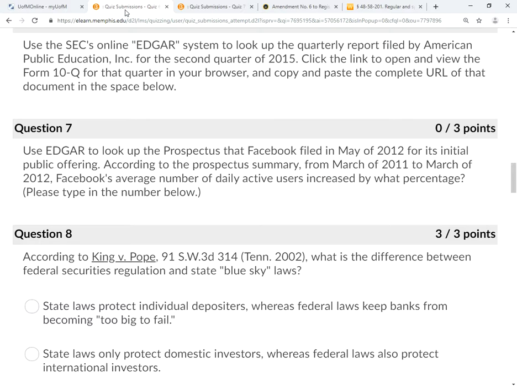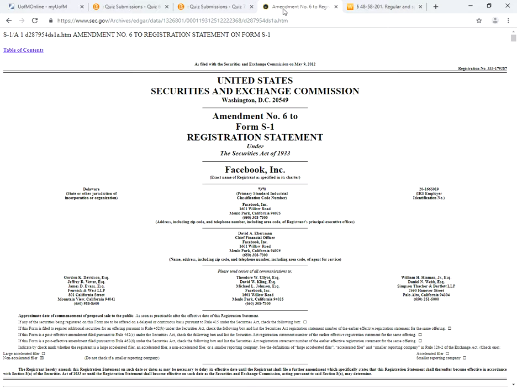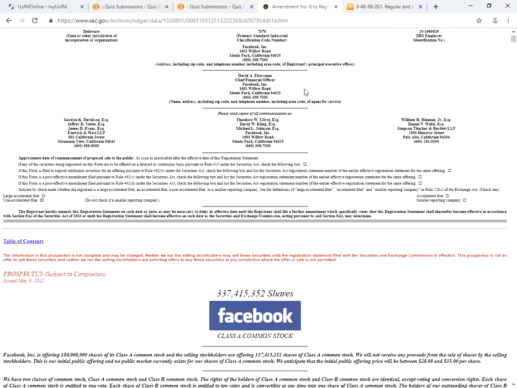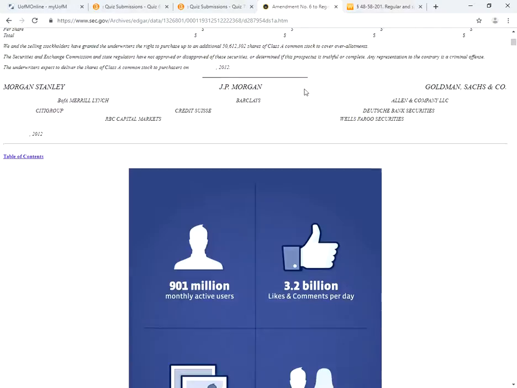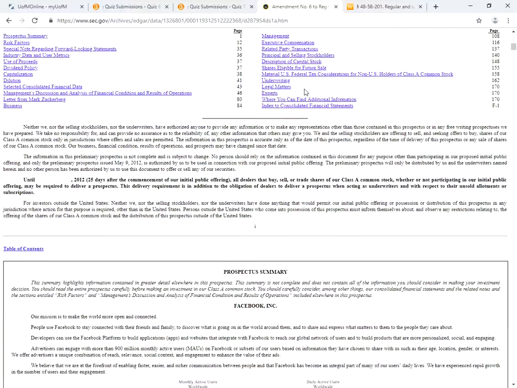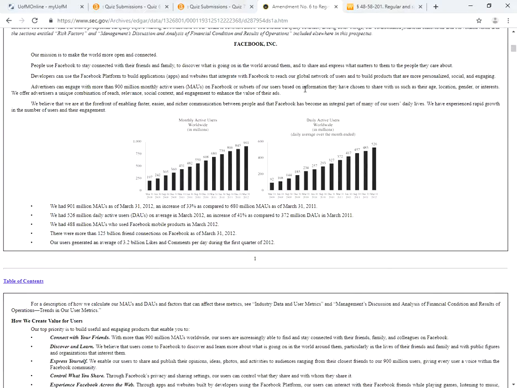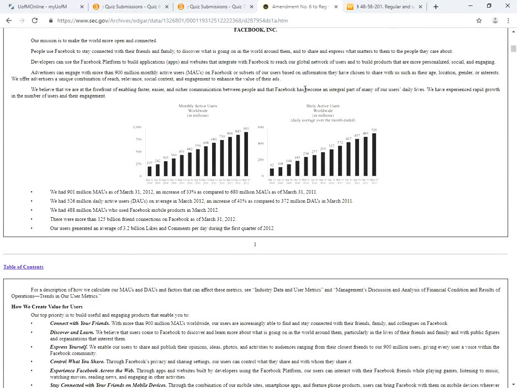Please type that number below. I looked this up, and let me bring up that prospectus for you here. I originally put the answer as 33 because that's what I thought was the correct answer. So Facebook had 901 million MAUs as of March 31st, 2012, an increase of 33% as compared to 680 million MAUs as of March 31st, 2011.